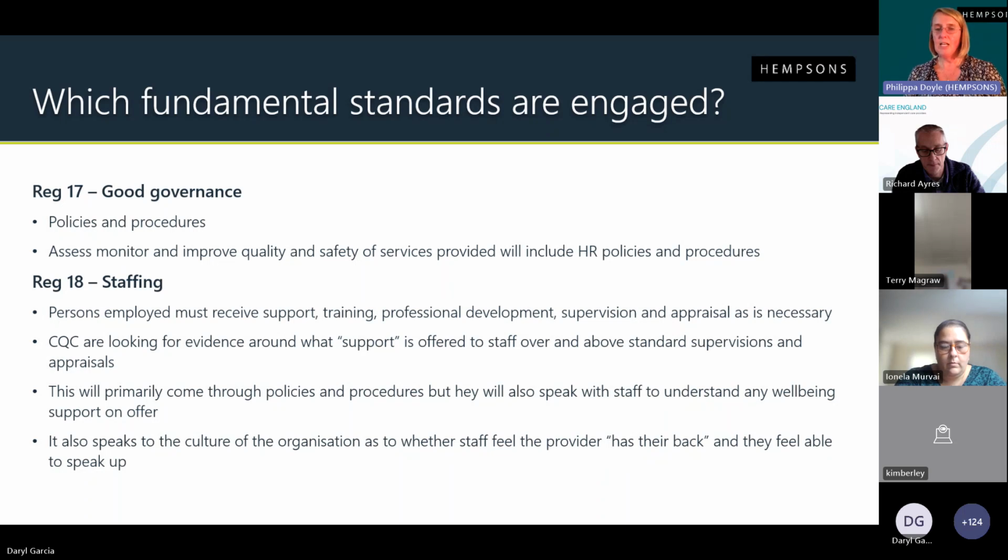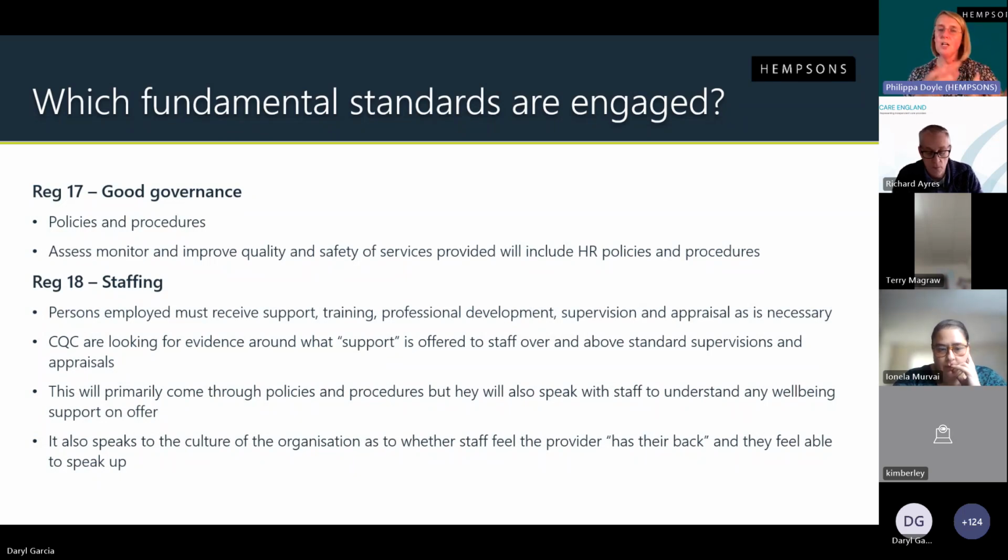Regulation 17 and Regulation 18 are always going to be important as well. So Regulation 17 is all about good governance. That's the well-led section of a CQC report, and it's looking at policies and procedures. You always need to assess, monitor, and improve the quality and safety of the services that you're providing, making sure you've got those systems and processes in place, making sure that you're auditing.